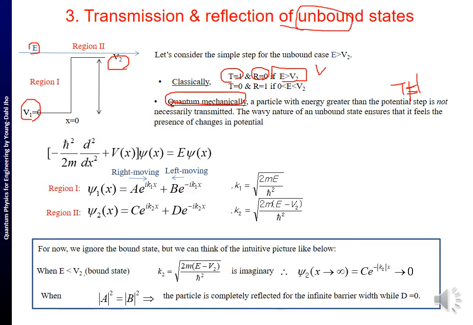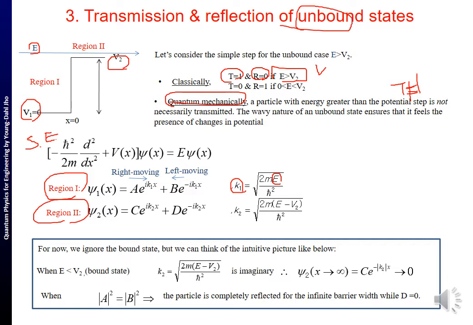So in the Schrödinger equation, in region 1 and region 2, we separately calculate the wave functions, right? Previously we calculated that psi 1 equals A e^(i k1 x) plus B e^(-i k1 x). Here k1 is related to energy E as the square root of 2mE over h bar squared.